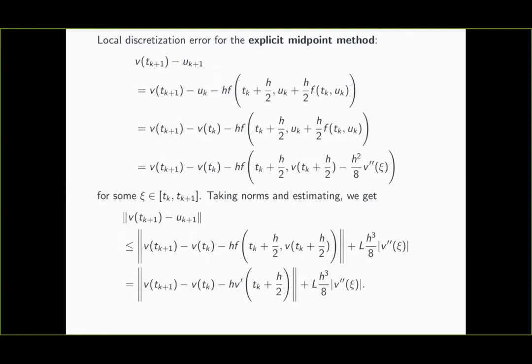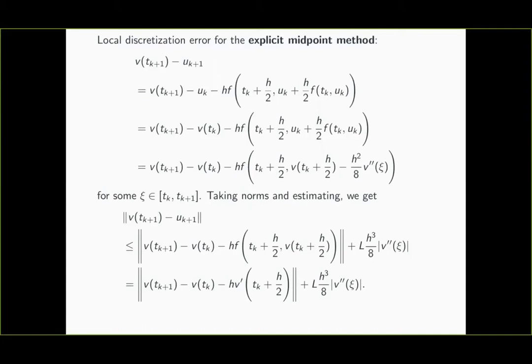We plug in the definition of u_{k+1} for the explicit midpoint method, and so this error equals v at time t_{k+1} minus u_k minus h times f at (t_k + h/2, u_k + h/2 f(t_k, u_k)).